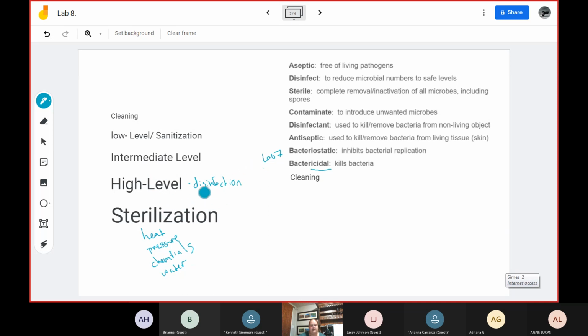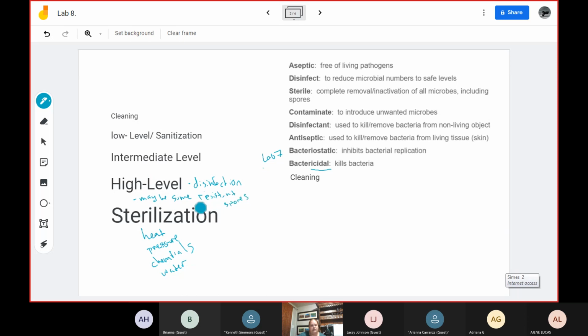So there's a high level of disinfection, and this is going to kill most of your bacteria, and most of your spores, but there may be some resistant spores still remaining.